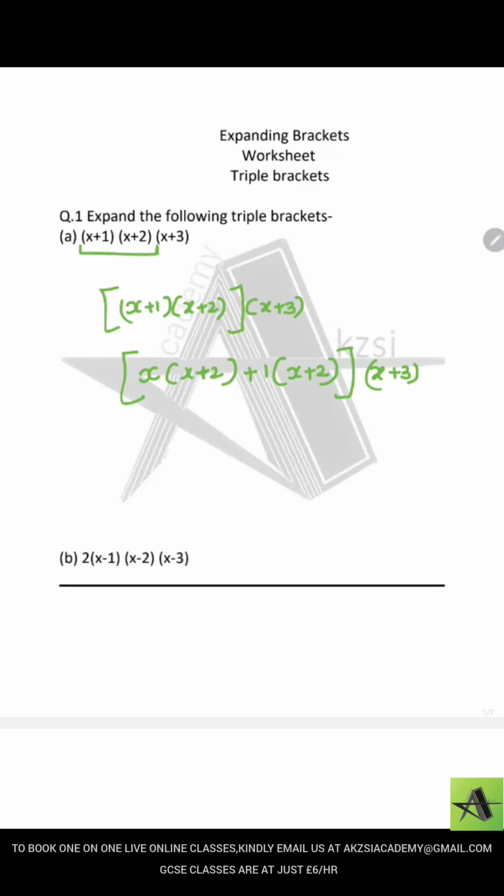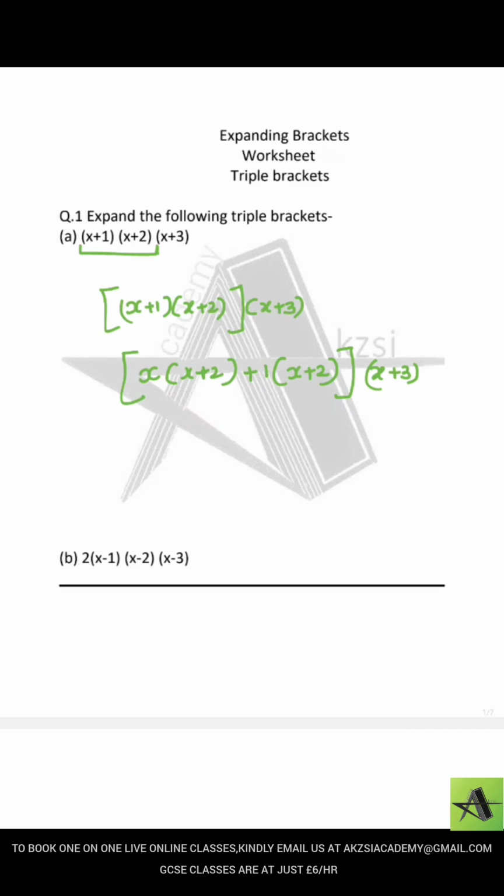Now, just expand. If you have seen the process, we are basically splitting the triple brackets into double brackets first and then double brackets into single brackets. And this is how we are expanding, or basically splitting them. Now it's a single bracket, and how do we solve a single bracket?